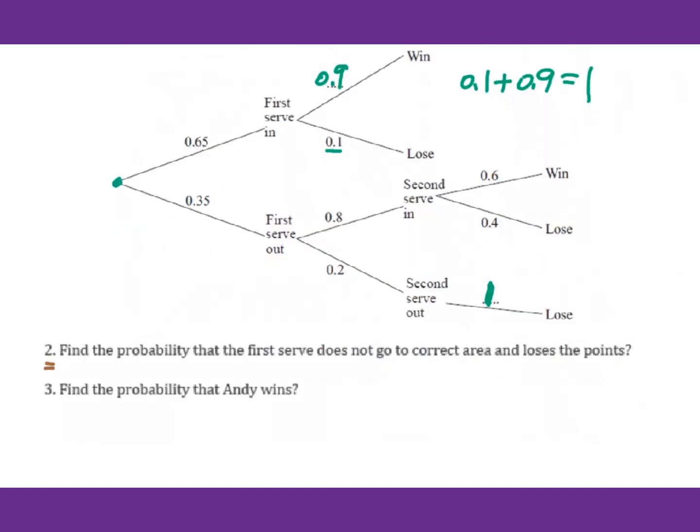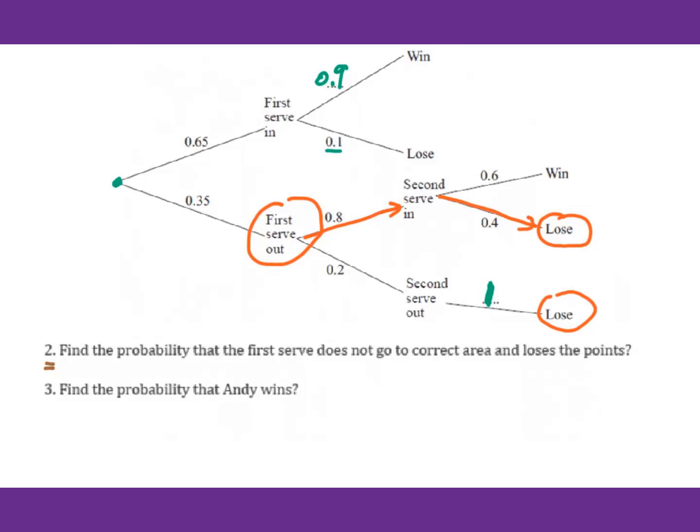For the second question, find the probability that the first serve doesn't go to the correct area and he loses the point. Which means first serve out and lose the point. So you have losing the point like this. You have this line and also this line.